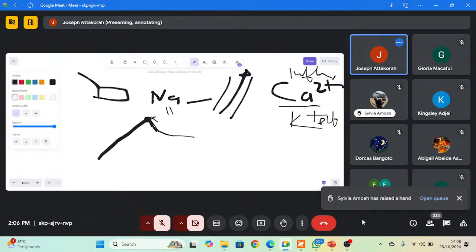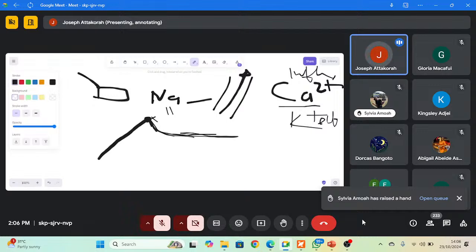And therefore potassium will be gaining ground, increasing, whilst calcium will be decreasing. And a time will come at a certain point here where you have a plateau.